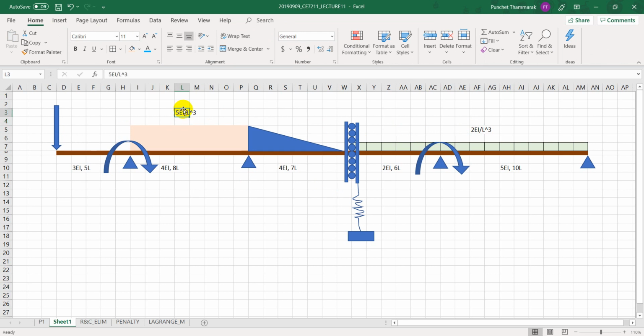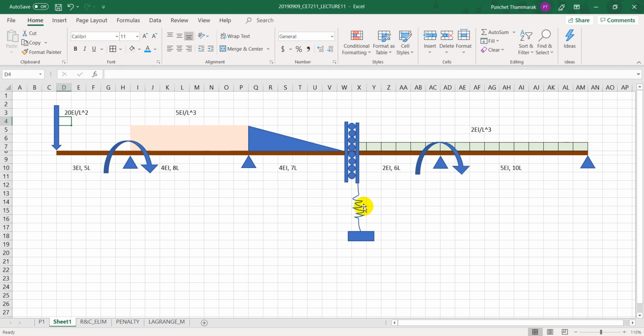The force here is equal to 5 multiplied by 8, you get 40. I'll just make it 20. Okay. Point force 20 EI over L squared.